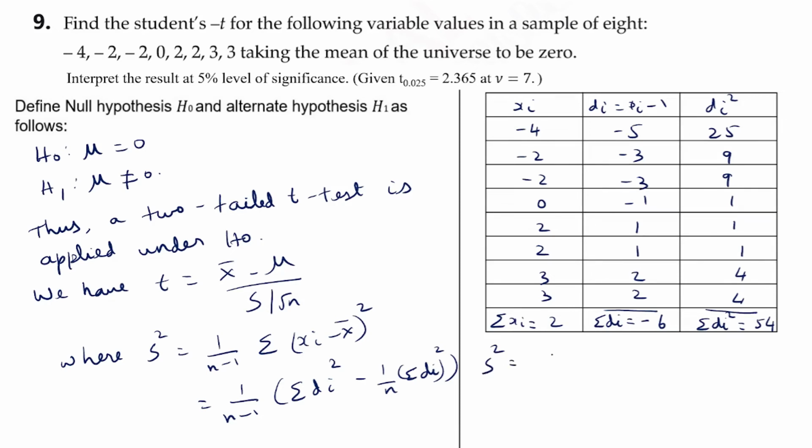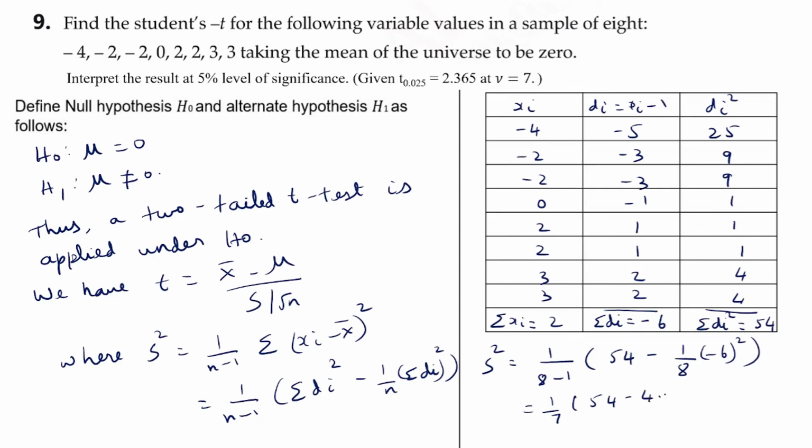S square is 1 by, here the number of observations is 8, so 8 minus 1, into summation di square, 54, minus 1 by n, n is 8, into summation di the whole square. So this is 1 by 7 into 54 minus 36 by 8.